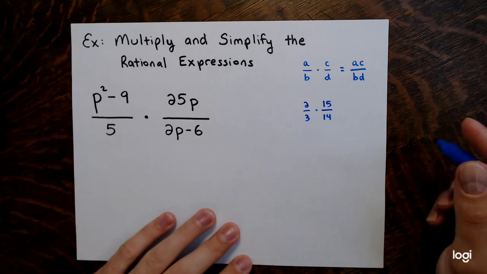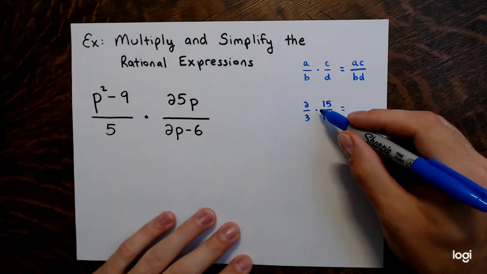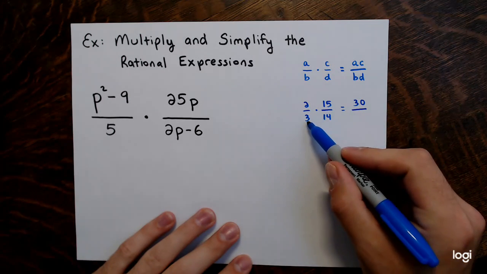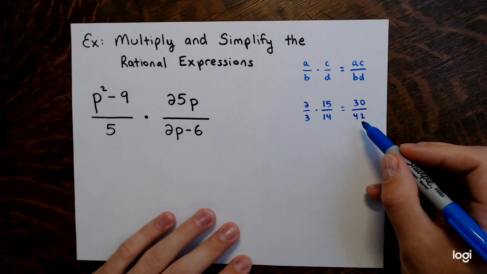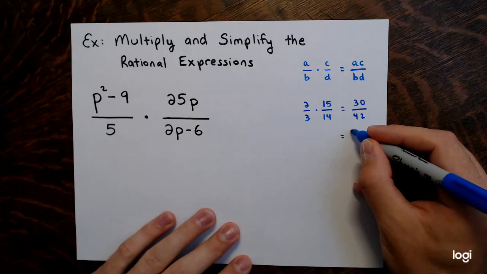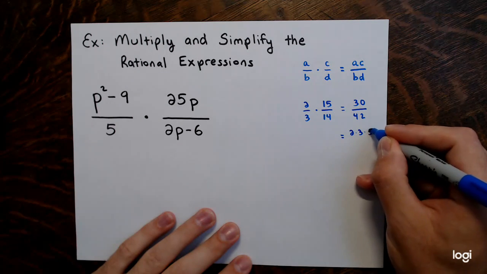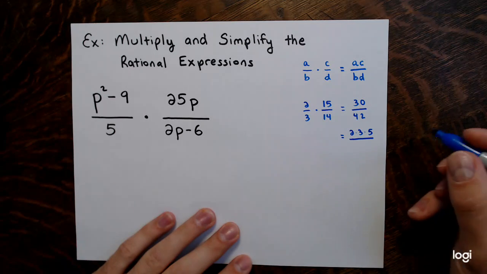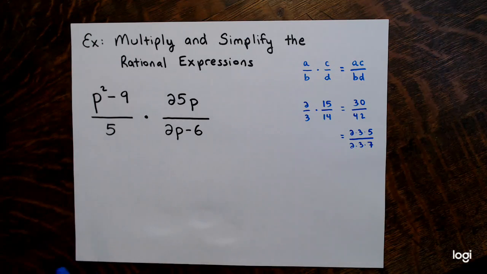Now you could do it this way, where I just simply multiply the numerators. 2 times 15 is 30, and then the denominator is 3 times 14 is 42, and then simplify, where we factor the numerator. 30, when you factor it completely, is 2 times 3 times 5, and the denominator, when you factor it completely, is 2 times 3 times 7, and then you cancel out common factors.